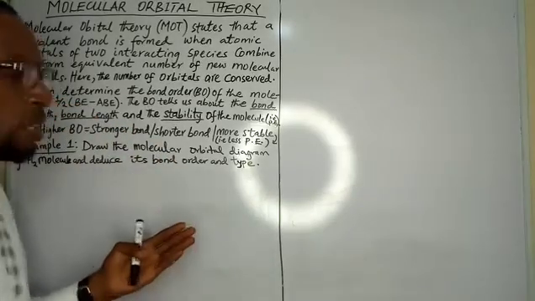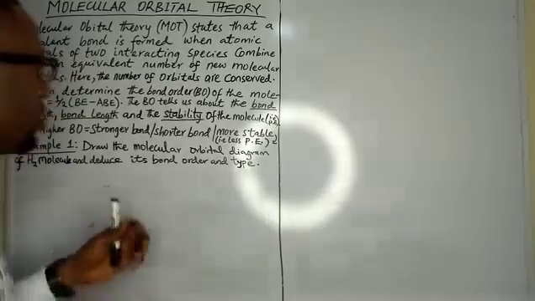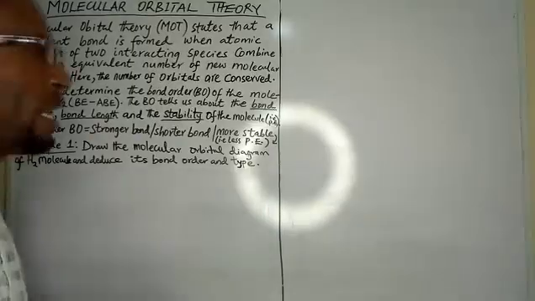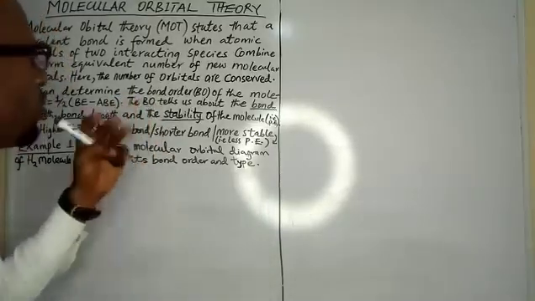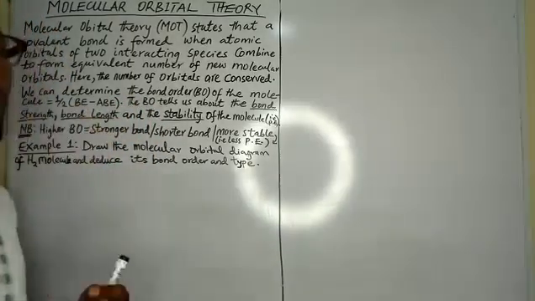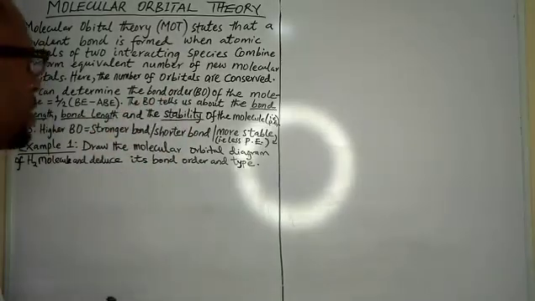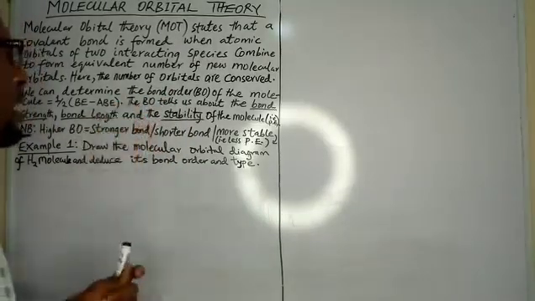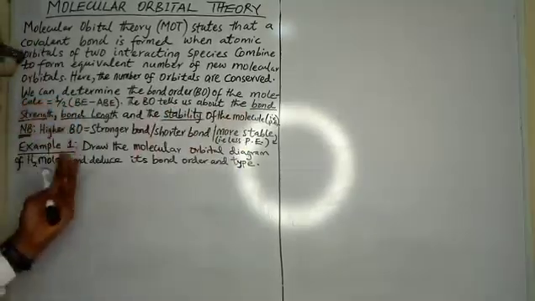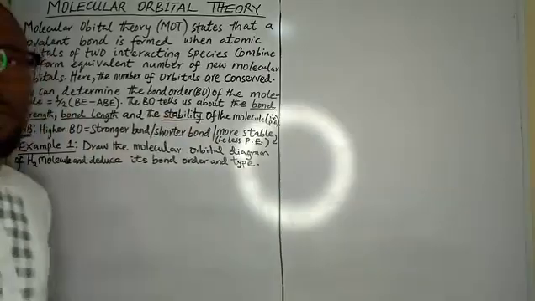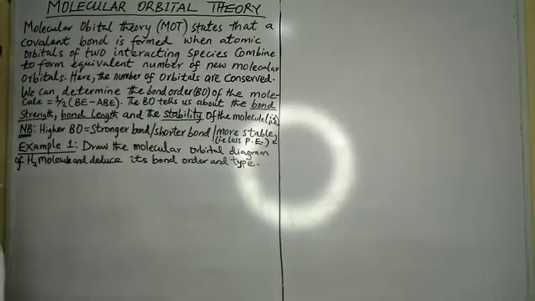Once we begin to draw the molecular orbital diagrams, you will understand what we mean by bonding electrons and anti-bonding electrons. The bond order is going to tell us about the bond strength, the bond length, and of course the stability of the covalent molecule that we have made.